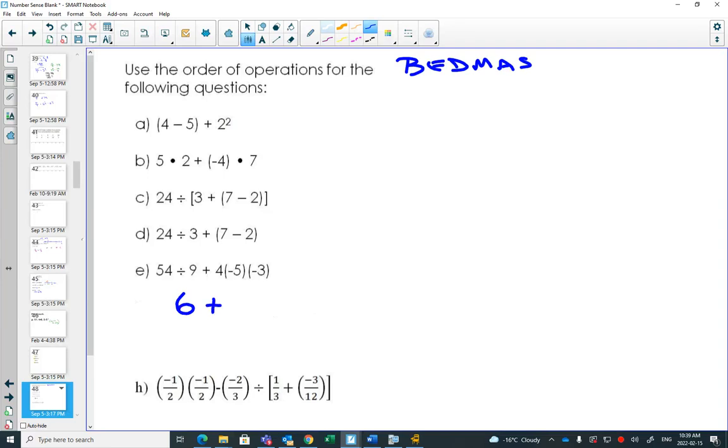And here we have multiplying. 4 times a negative 5 times a negative 3. Well, 4 times negative 5 is negative 20. And negative 20 times negative 3 is positive 60. And then 60 plus 6. 6 plus 60? 66. There we go.